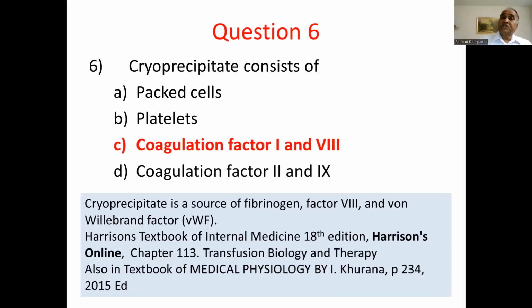Cryoprecipitate is a source of fibrinogen, factor 8 and von Willebrand factor. So the answer is coagulation factors 1 and 8.